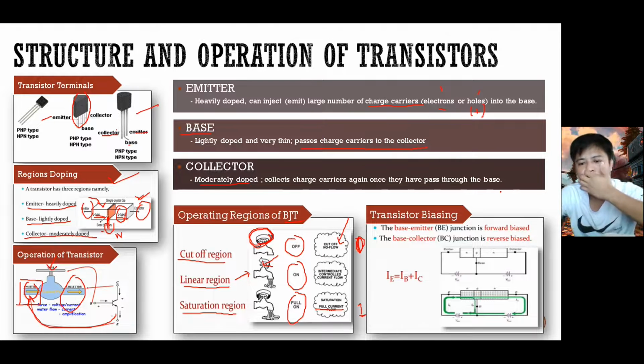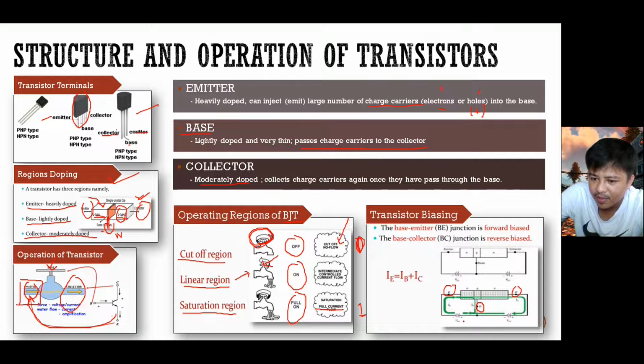Okay, so transistor biasing naman. So in transistor biasing, the base emitter BE junction is in forward bias. So we have here an example. Forward bias siya if this will be the base, this will be the emitter, and this will be the collector. Forward bias siya because of the polarity, we all knew of that.